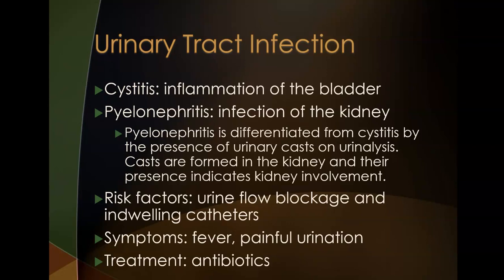So symptoms of a UTI are fever and painful urination. And sometimes it can be what we call silent, because some patients may have just a mild fever and they won't have painful urination. Here's another kind of fun tidbit for you. If your patient is an elderly, like dementia patient, their main sign or symptom of a urinary tract infection is going to be an altered mental state.